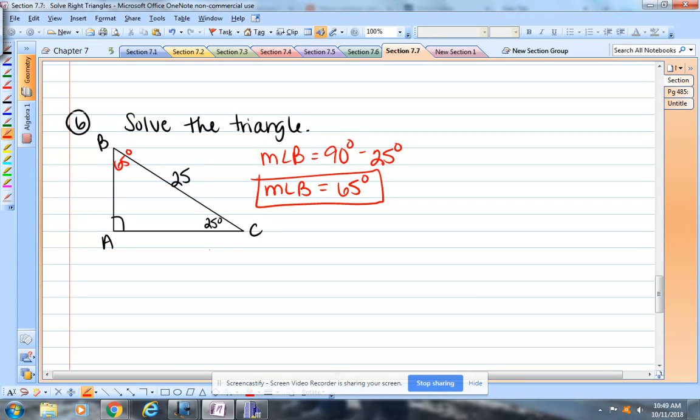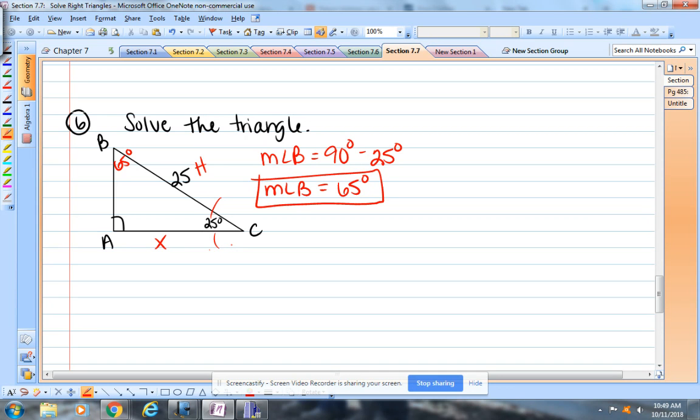Which part of that triangle did they give me? A leg or a hypotenuse? Hypotenuse. All right, so I'm probably going to use cosine or sine then, right? Do y'all want to find the length of AB or AC? Sure. Okay. So I'm going to use the angle they gave me just in case I made a subtracting mistake.